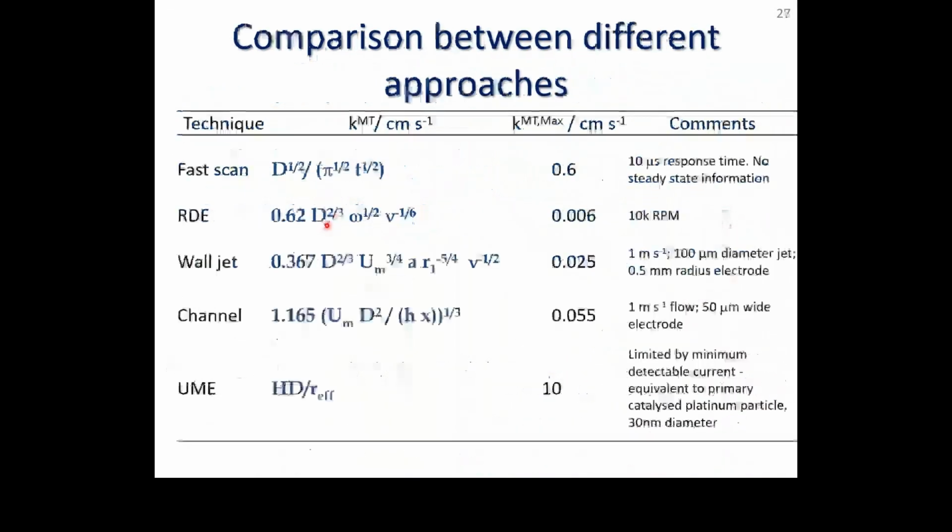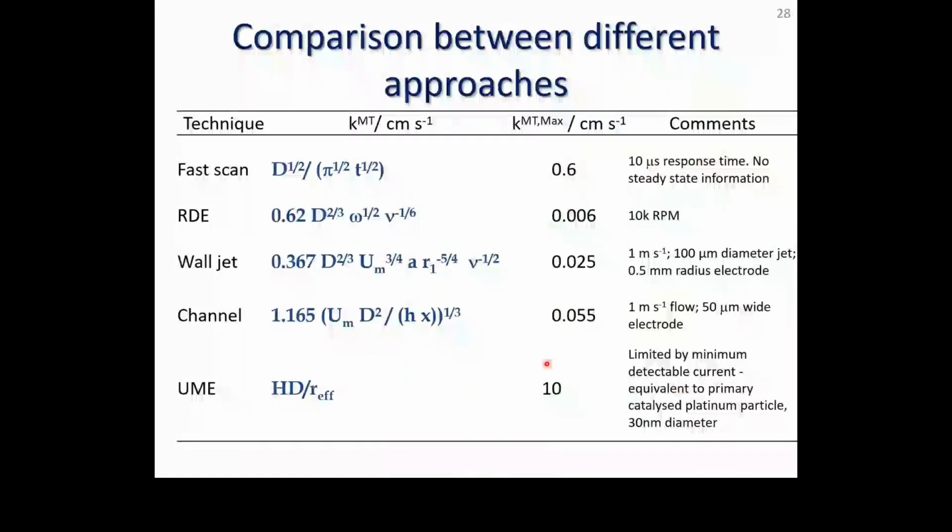Okay, so this is then a summary of the different sorts of approaches with the comments. We go all the way from the rotating disk electrode, which is probably the most common method that's used, which is very useful. It's commercially available.